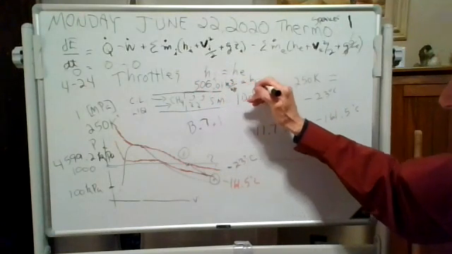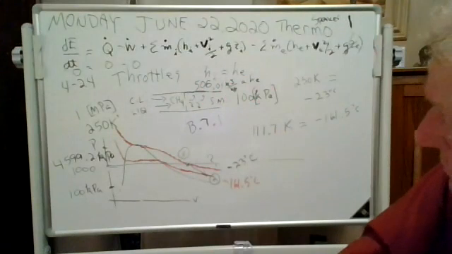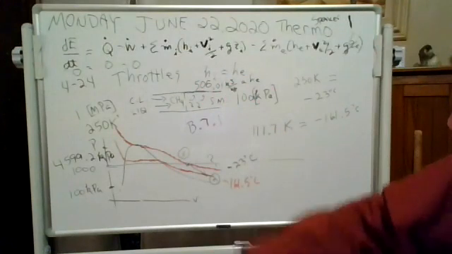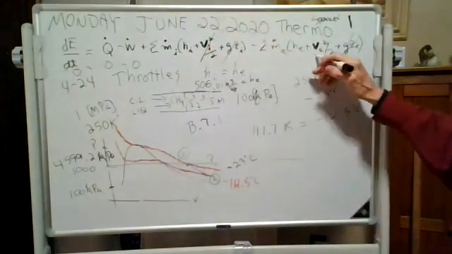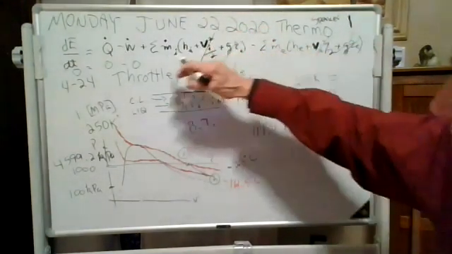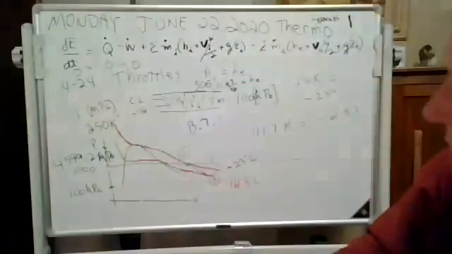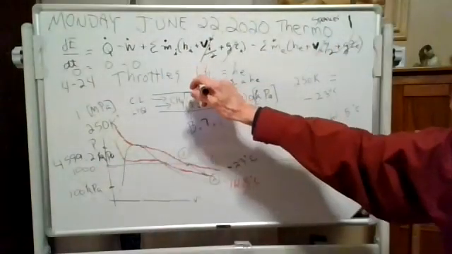And that's going to equal the exiting specific enthalpy, because we don't worry about any of these other terms. The m dots are the same, and these are 0. And this is our first law.